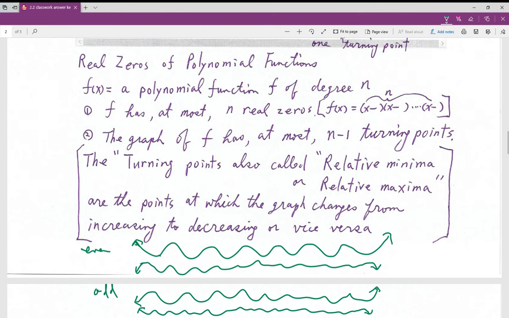One up, one down for the odd. So odd you have one up, one down, or one up, one down. And even you have both up or both down. This is a kind of formula for your idea. But doesn't matter which type of situation, you're supposed to find at most.